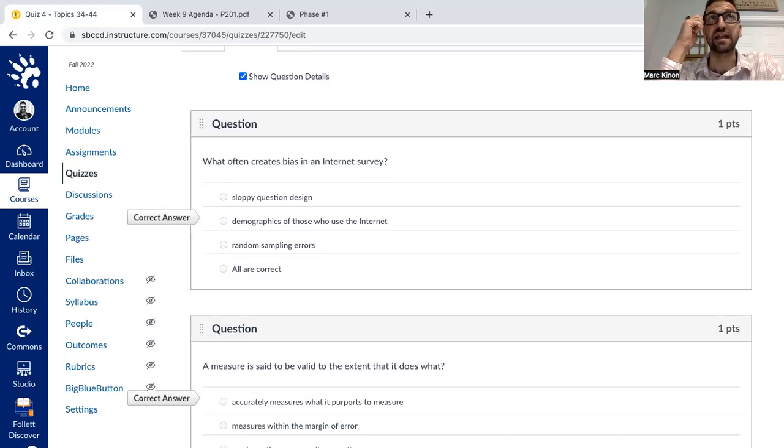Is that representative of the norm, if you will, or the population average of those who live in the United States? Just for an example, or those who live in California, those who live in the world. So again, when we're thinking about sampling bias, that's how we have to think.